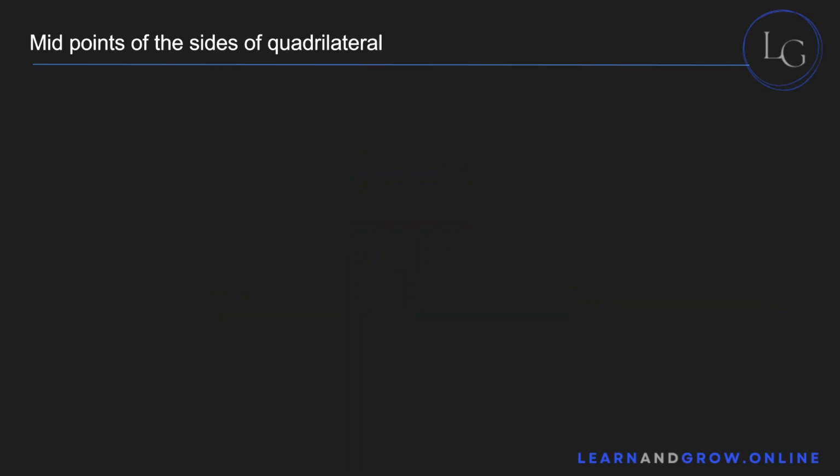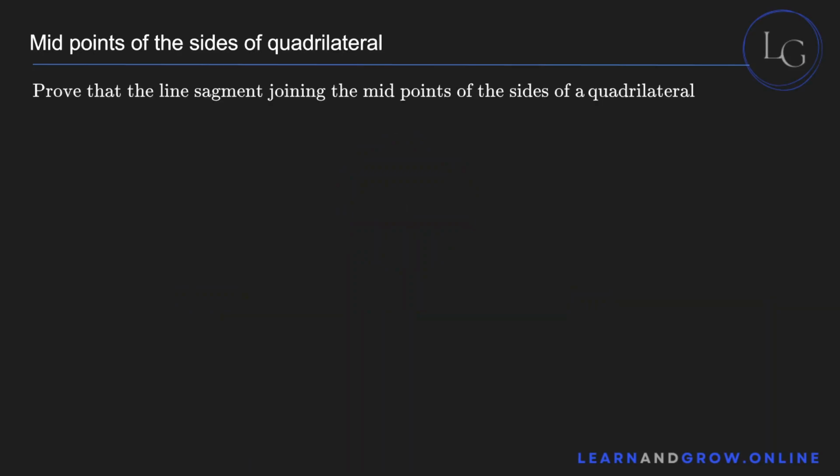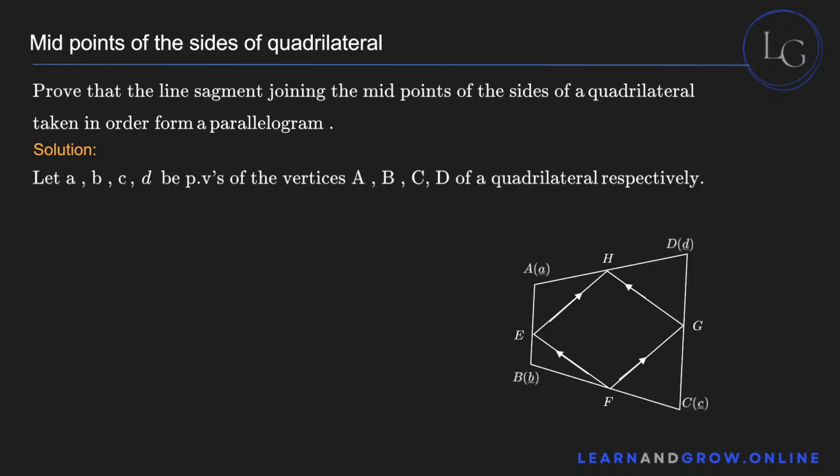Now let's find the midpoints of the sides of quadrilaterals. So we need to prove that the line segments joining the midpoints of the sides of a quadrilateral, taken in order, form a parallelogram. So here it is. Basically what this means is that this quadrilateral ABCD, right?